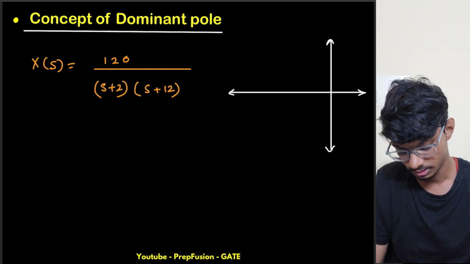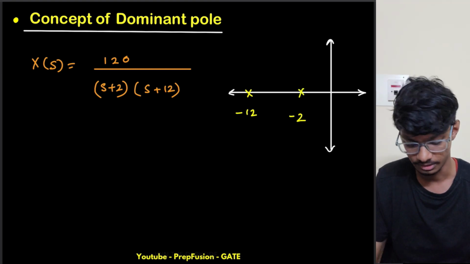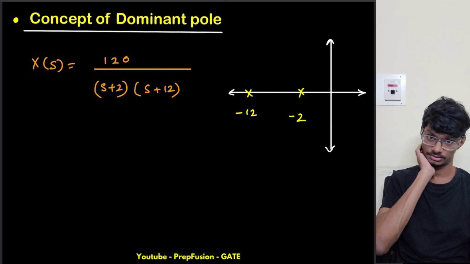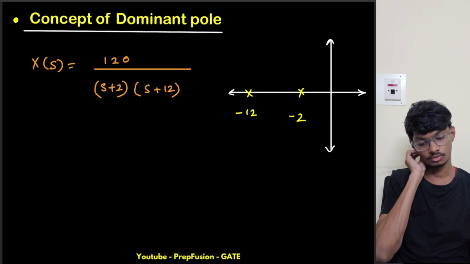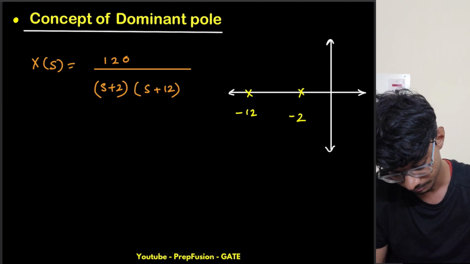So this is minus 2 and this is minus 12. This is sigma and j omega.